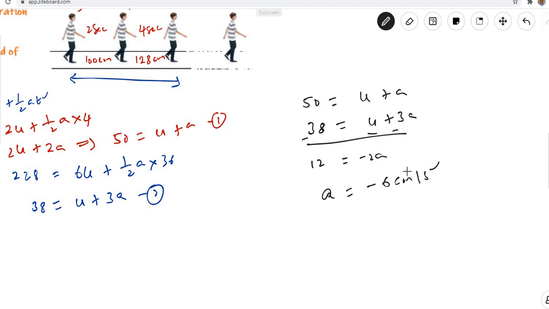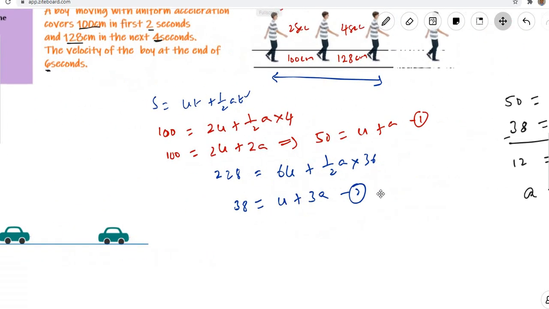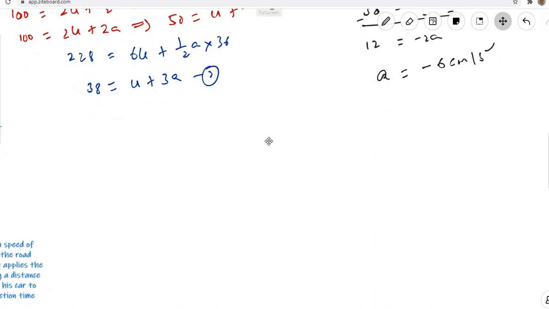Now what are we supposed to find? In the question, it says find out the velocity after 6 seconds. So let us do that. v = u + at. But before that, we have to find the initial velocity also.